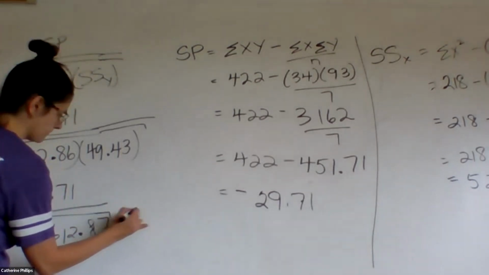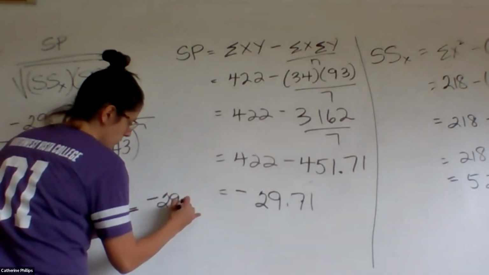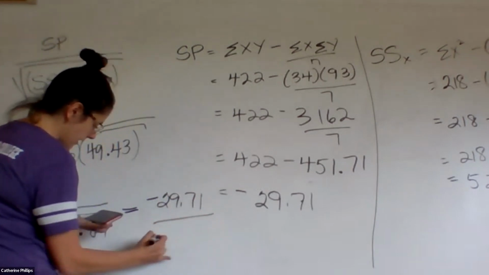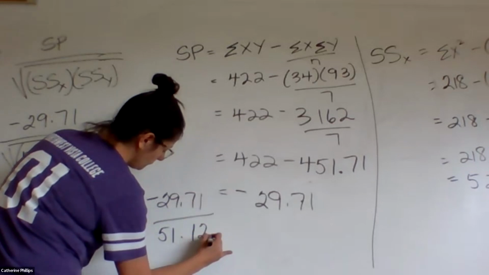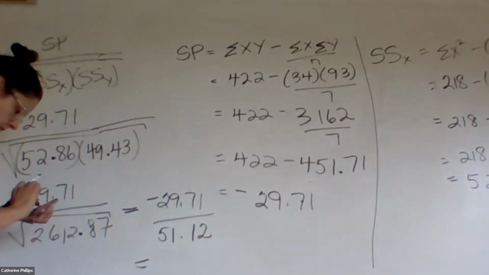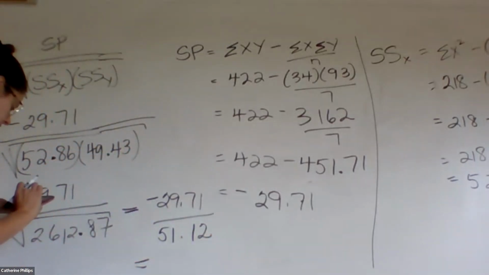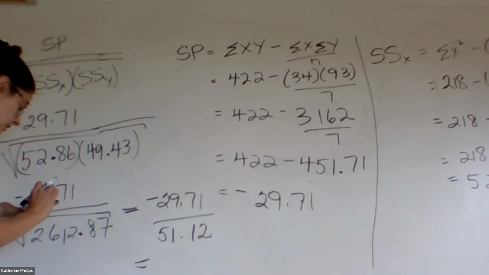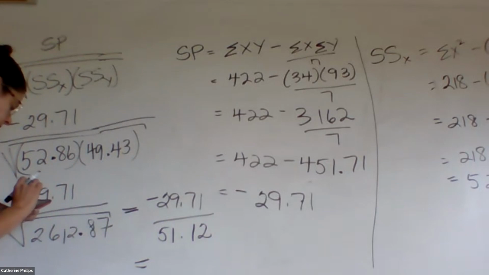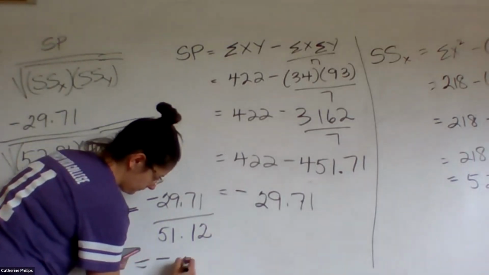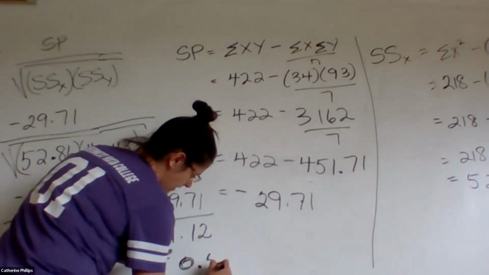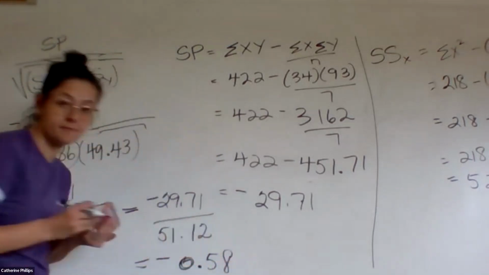Sure enough, that's -29.71 divided by 51.12. 29.71 divided by 51.12 is -0.58.